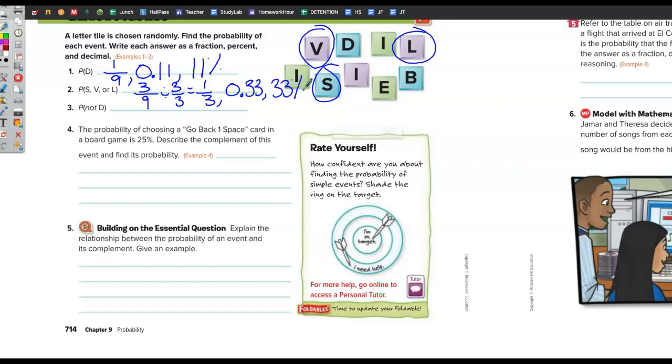Okay. Jacob, how many options do you have that are not D? 8 out of how many options? 9. Can that be simplified? No. So Addie, round our decimal to the nearest hundredth.